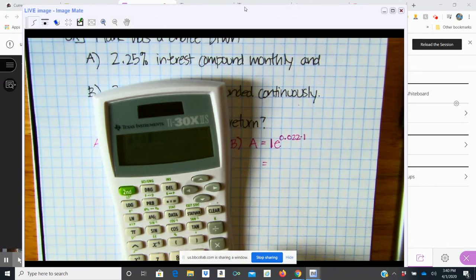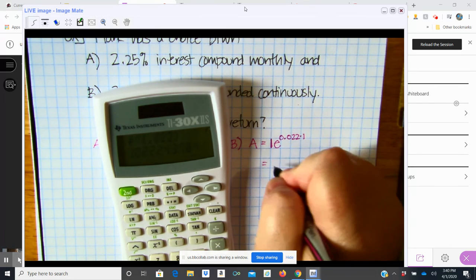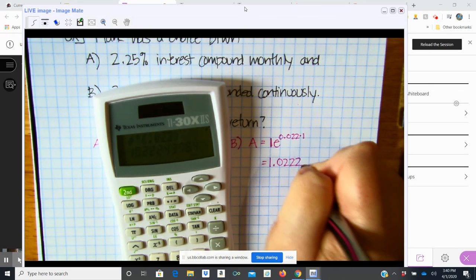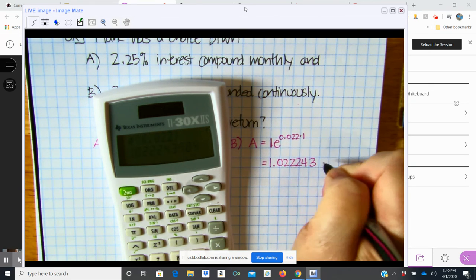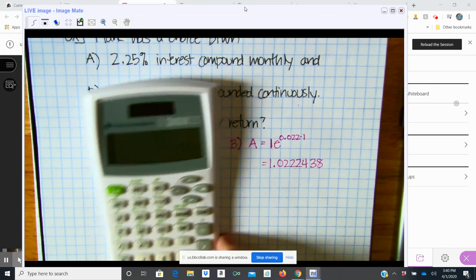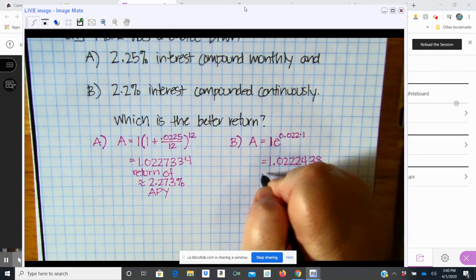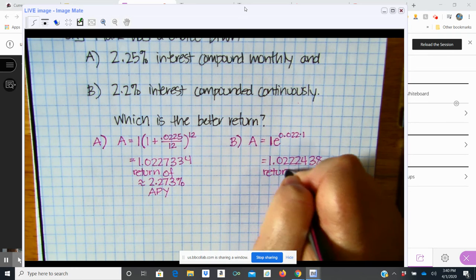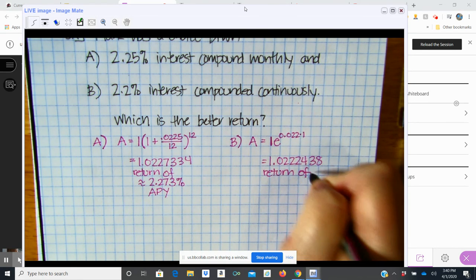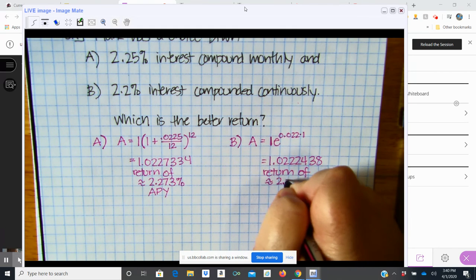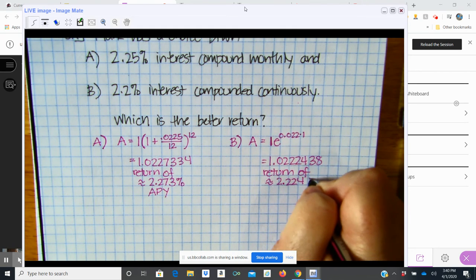That's just going to be e to the 0.022, which is 1.0222438-ish. Which is a return of about 2.224%.